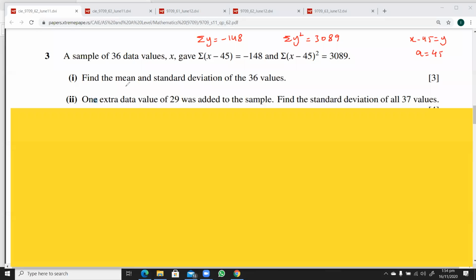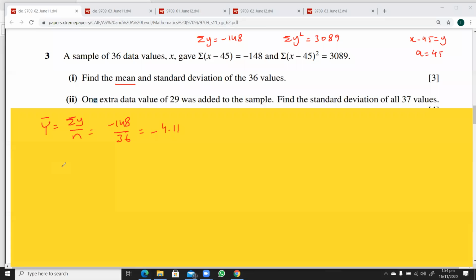So when it says find the mean, bacho, you will find the mean of y, okay? So the mean of y is going to be sigma y over n. So this is minus 148 over 36, which is going to be 4.11. This is minus 4.11.